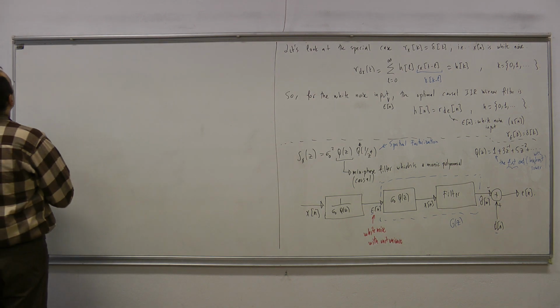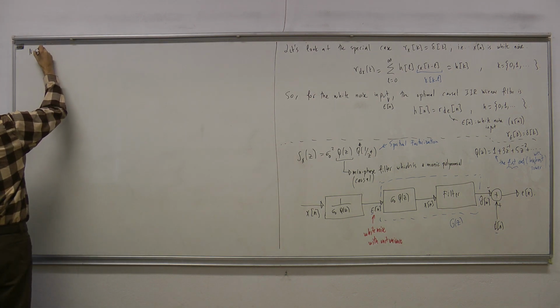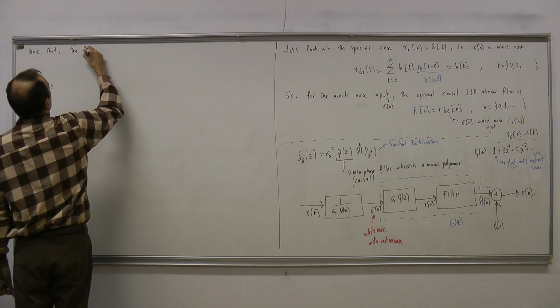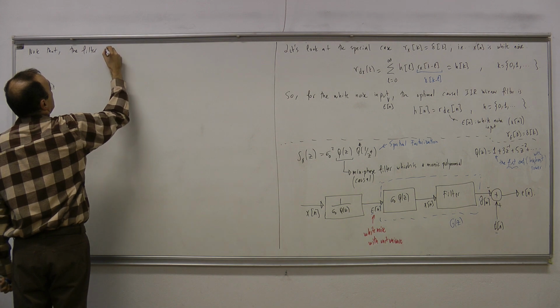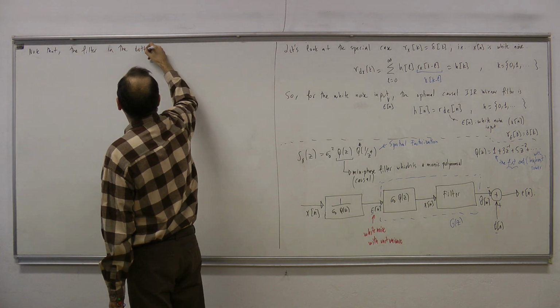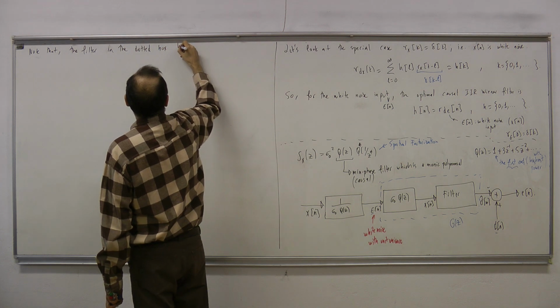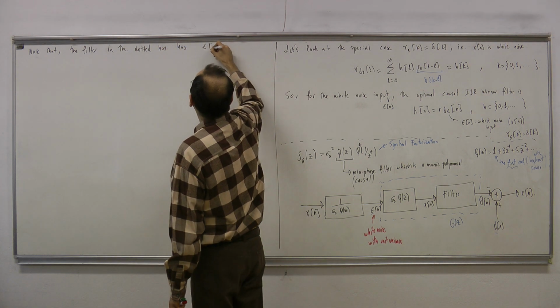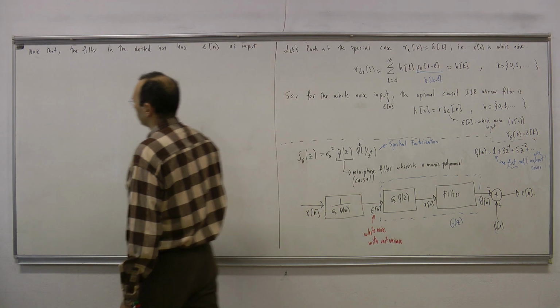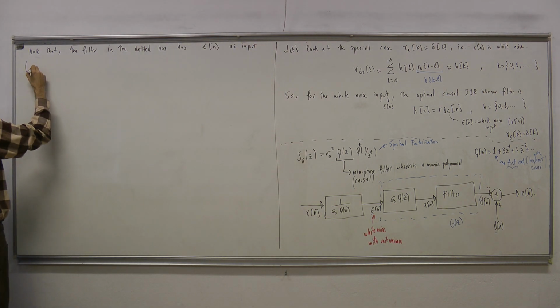So note that the filter in the dotted box has epsilon n as input, which is white noise.